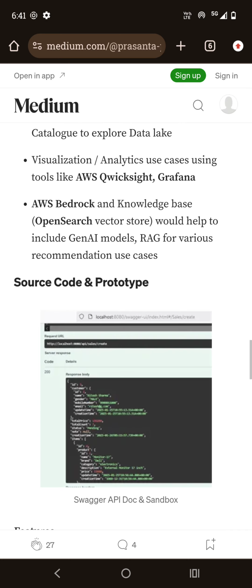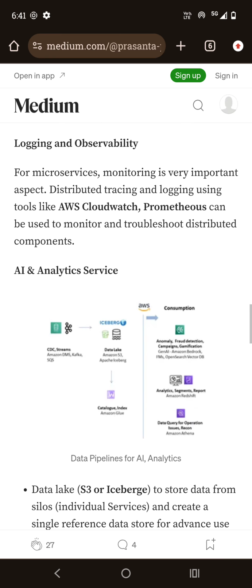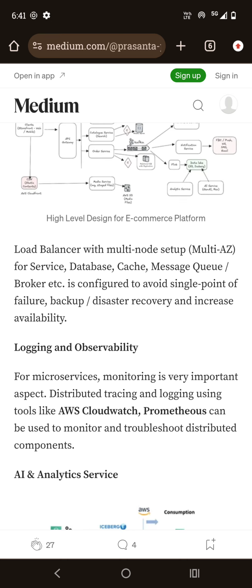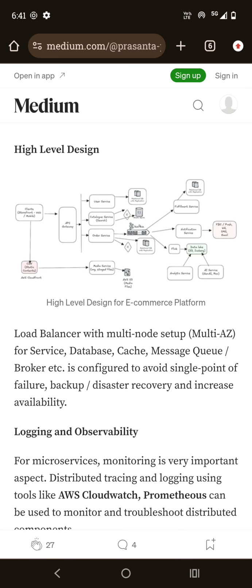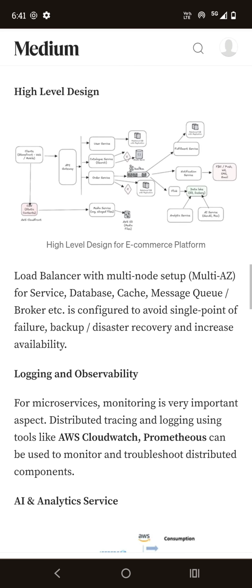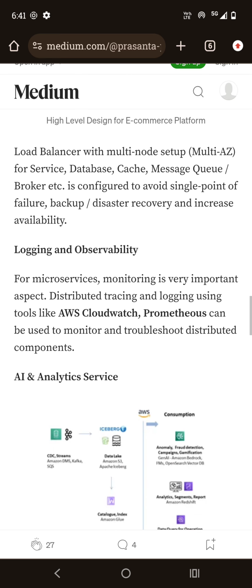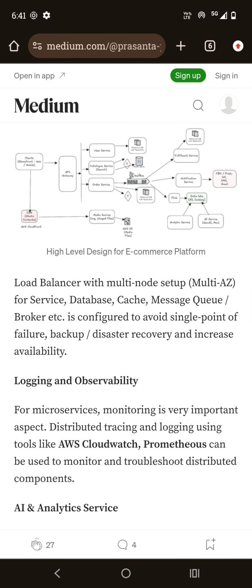And some of the things are mentioned here. Load balancing is very important. For the caching mechanism, you need to take care of the content delivery network, and those are very important things, right? For security, you can configure proxy servers. You can also use a reverse proxy if you want, based on the requirement.